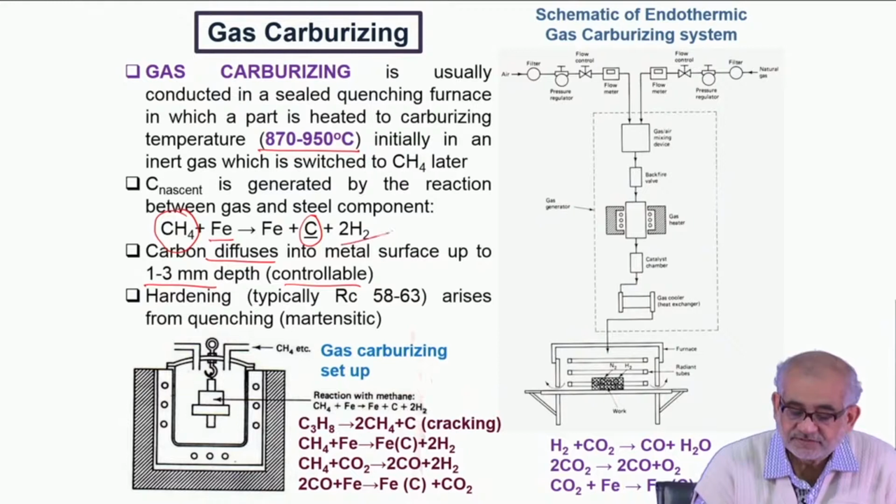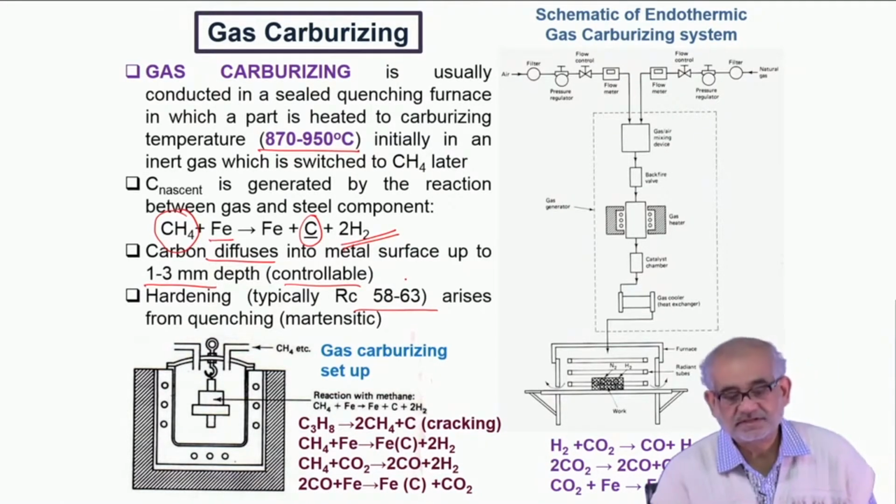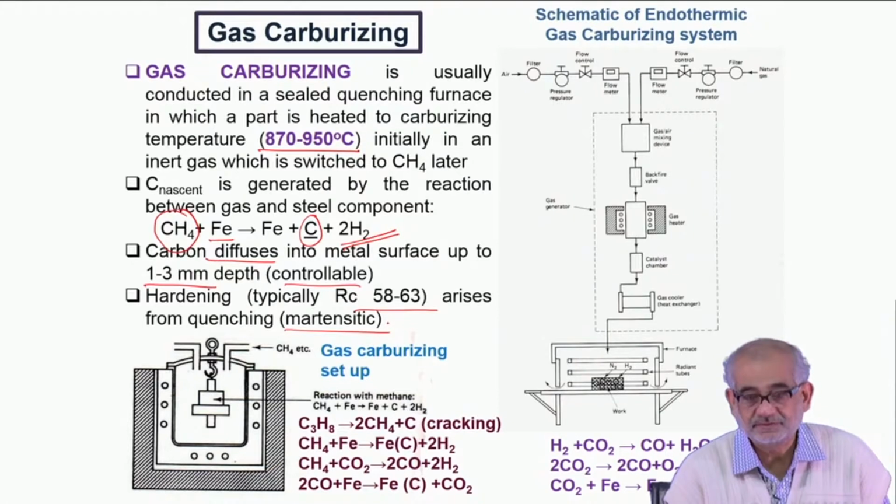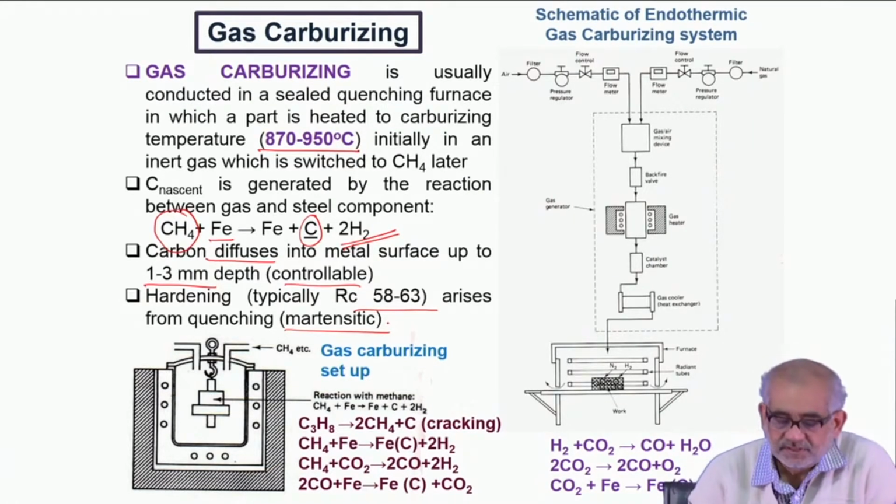Also, presence of hydrogen is helpful because it doesn't allow any undue oxidation to take place. So we do get fairly high hardness, measuring all the way up to 63 on the Rockwell C scale, which is fairly high, and that's purely because after the follow-up heat treatment, we expect the microstructure to be predominantly martensitic.